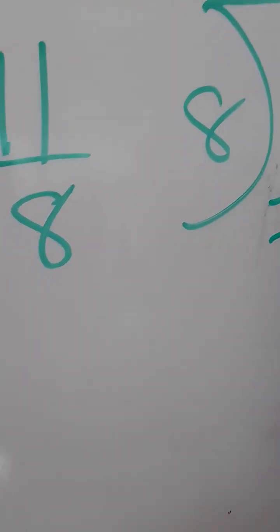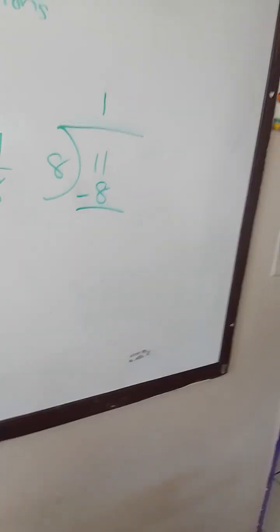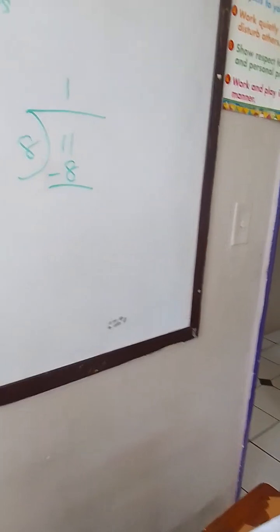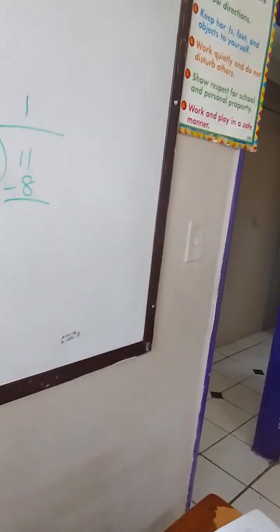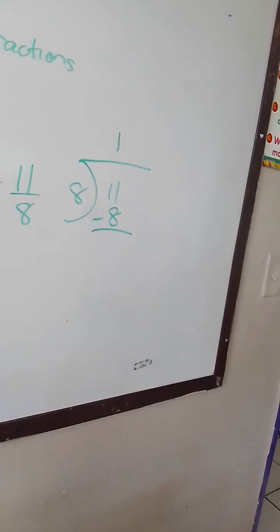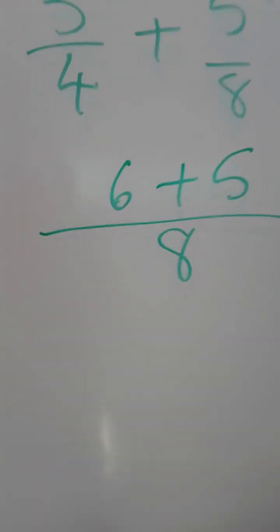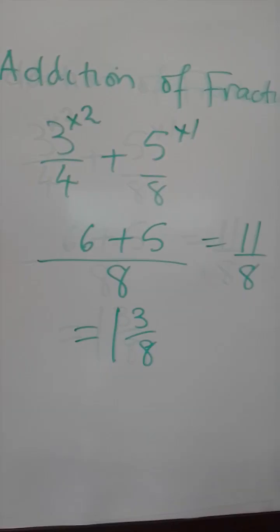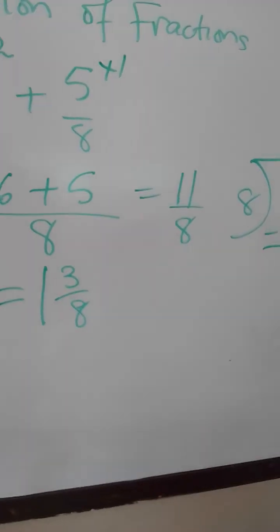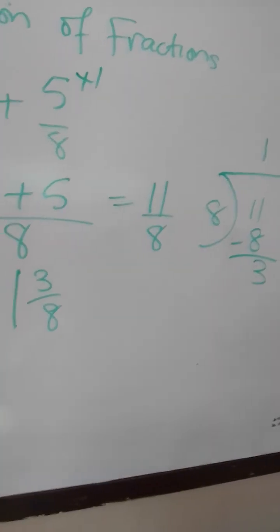And if I subtract, I'm left with what? 11 take away 8, I don't have to borrow, I'm left with 3. So my answer to this problem is going to be equal to 1 and 3 over 8. Now remember, it's the number that comes at the top that is my whole number.